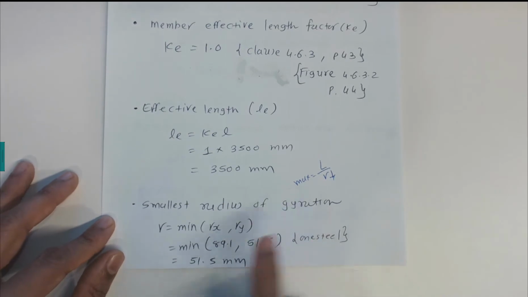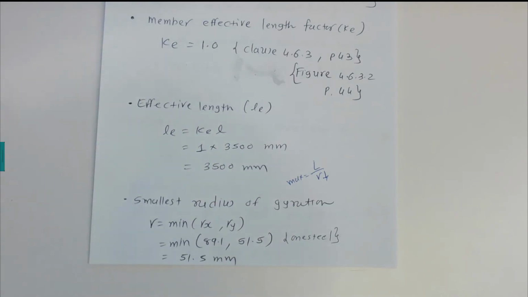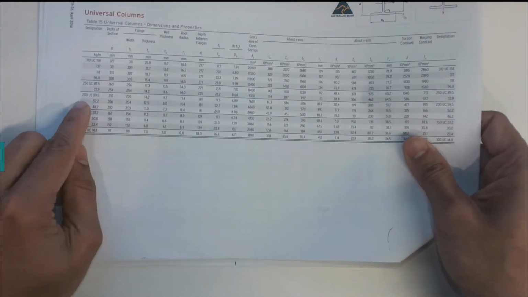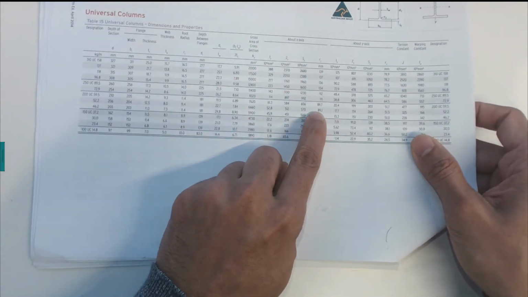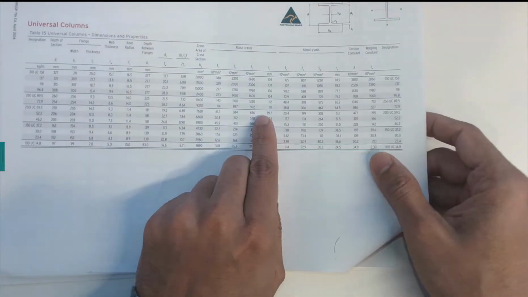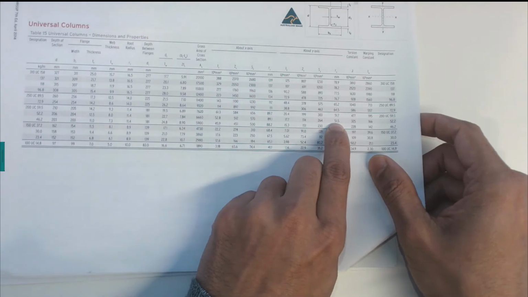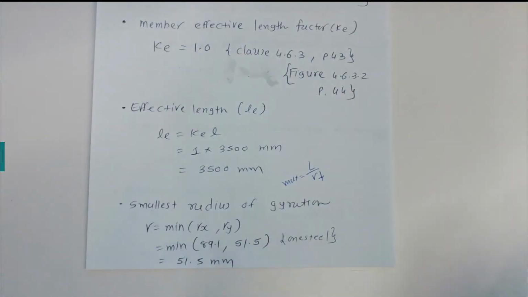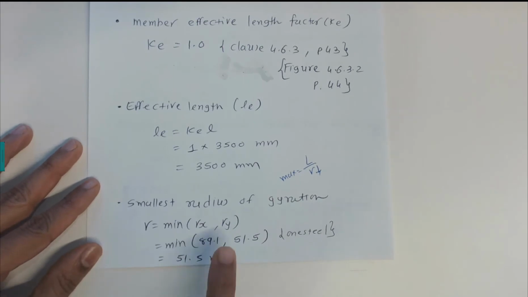We have two radii of gyration, about the x-axis and about the y-axis. From the OneSteel tables, for 200 UC 52.2, rx is 89.1 millimeters and ry is 51.5 millimeters. The minimum of 89.1 and 51.5 is 51.5 millimeters.